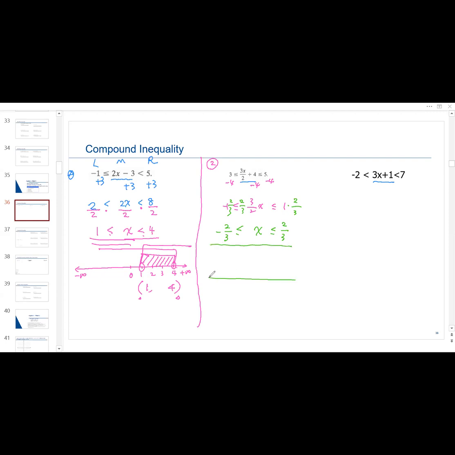So when we do graphing, negative infinity, positive infinity, 0. Here is 3/2, close to 1, right? This is -2/3, right? So it's this part in between here. They are filled, right? They are including the dot.